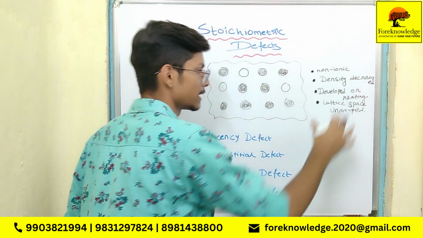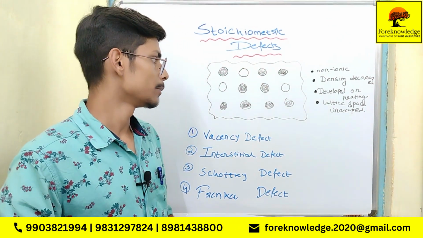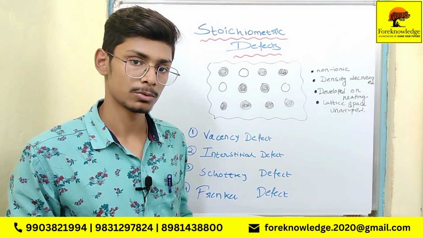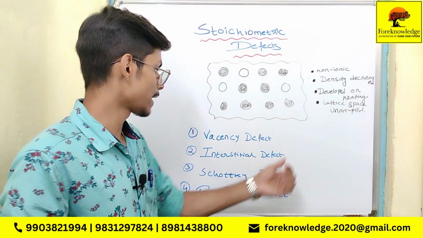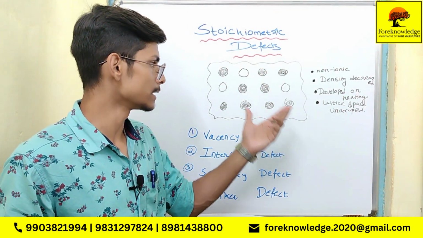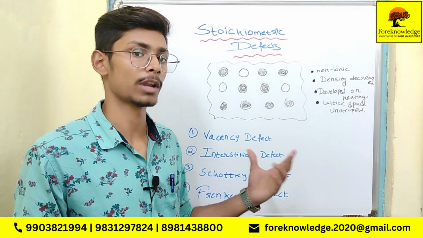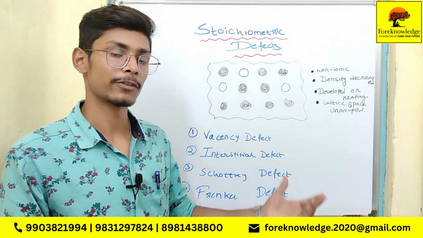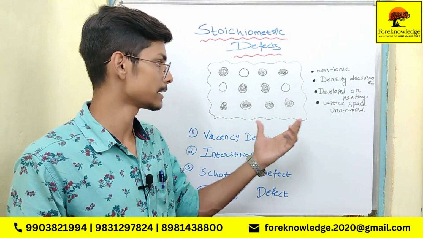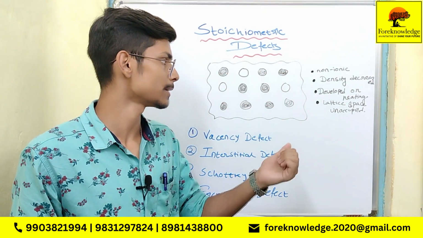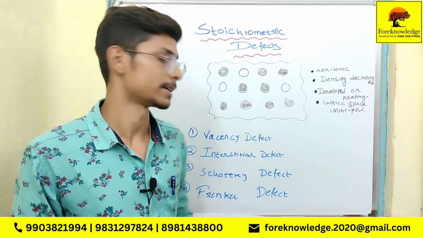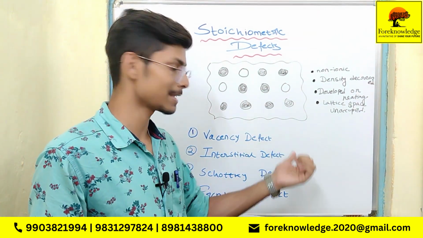I have just written the key terms that will be more beneficial for you to remember. So vacancy defect basically occurs in non-ionic compounds, which develops on heating, and its density decreases as some of the lattice space remains unoccupied. So this was all about vacancy defect.